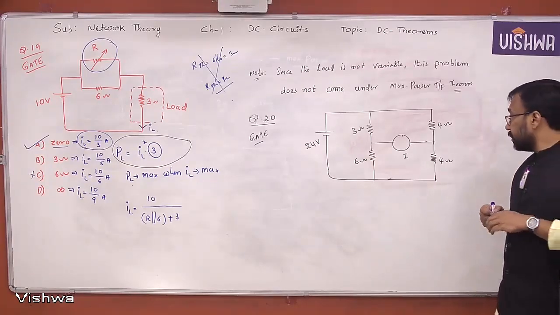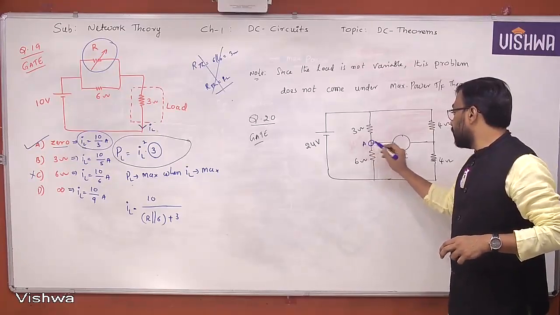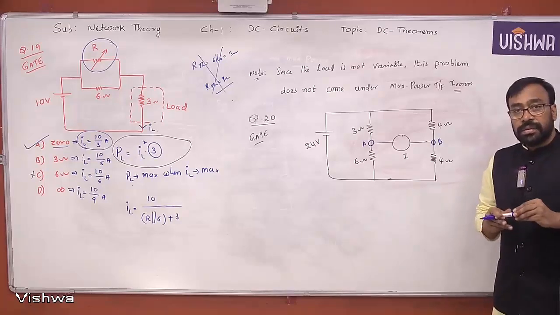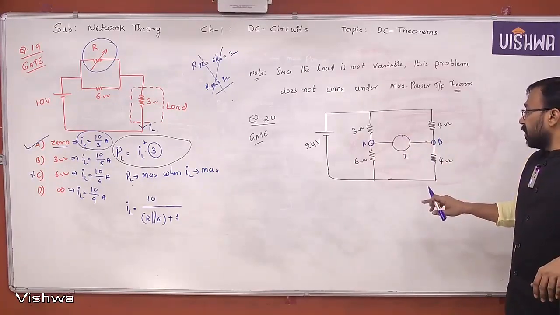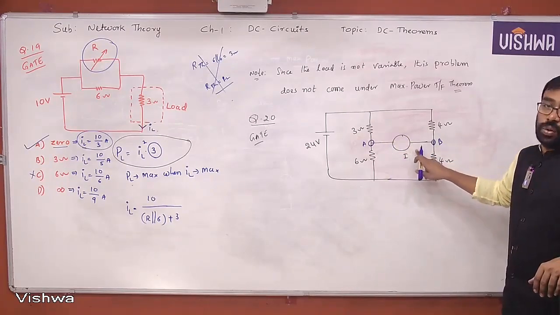Look at this. Say this is A, this is B terminals. If you want to say that it is absorbing power, you want to find the direction of it. It is possible only when the polarities are known.